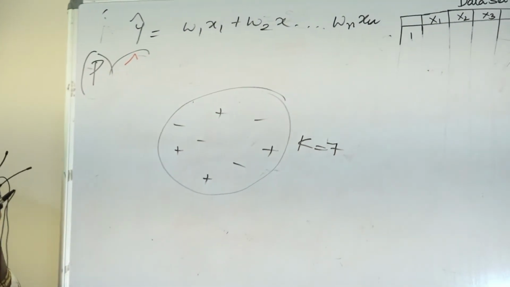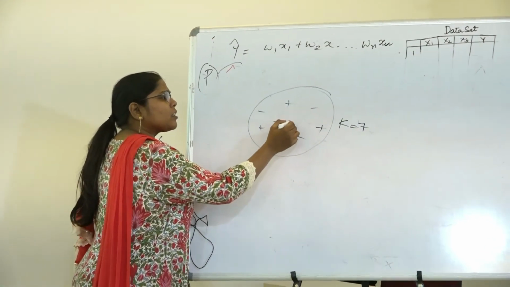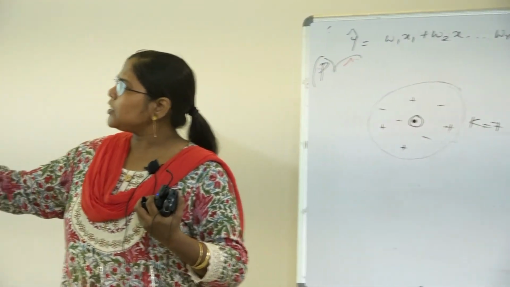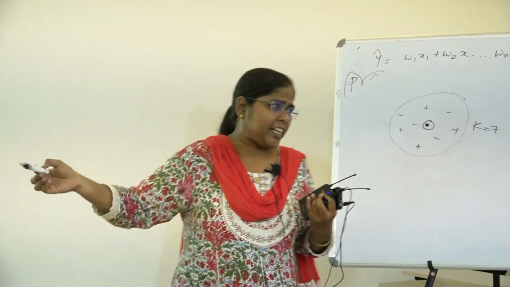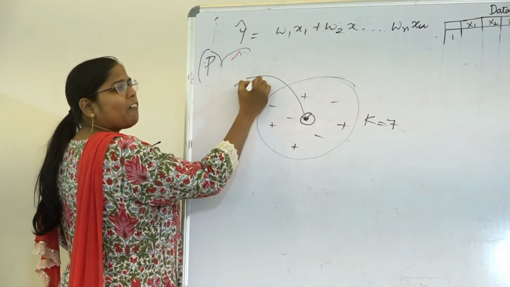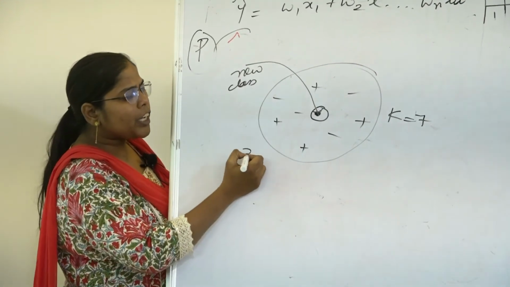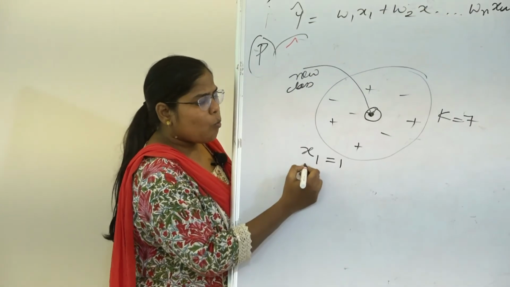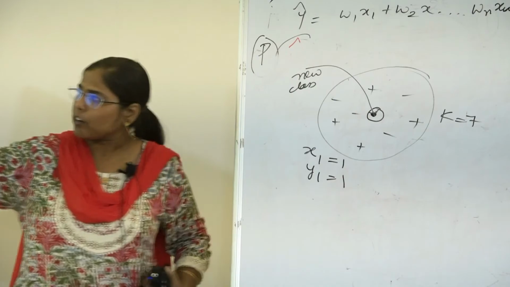Okay. Now what I do, I calculate what is the, now what he has given, see there, suppose you want to predict a new class data. I have new class data, this is our new class. What is the new class? x1 is equal to how much? 1. y1 is equal to 1. See there, question.